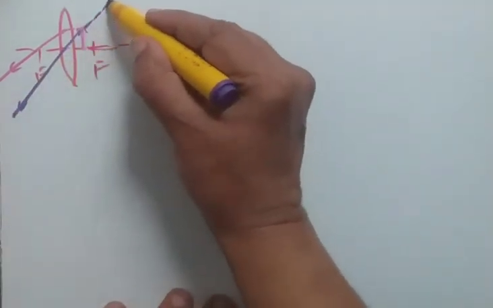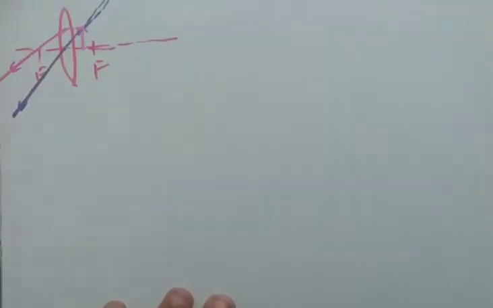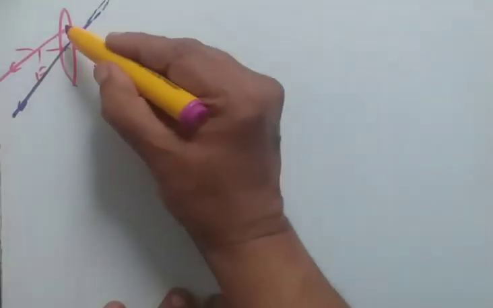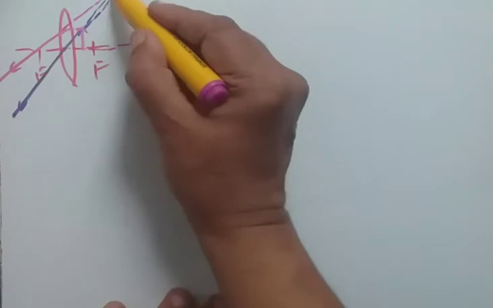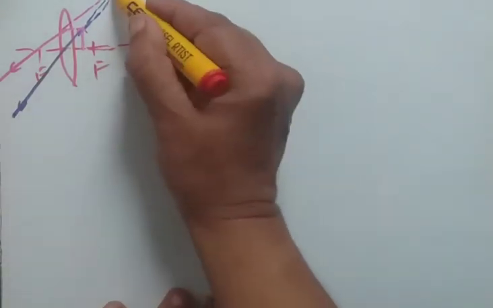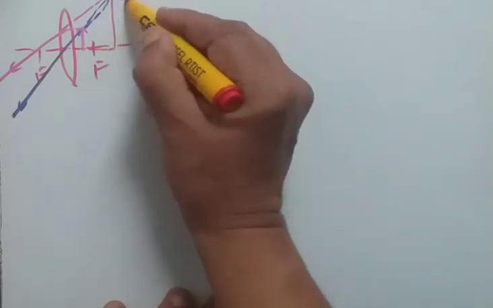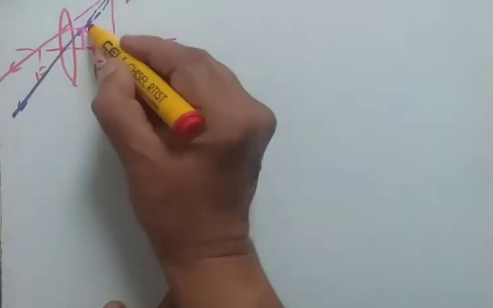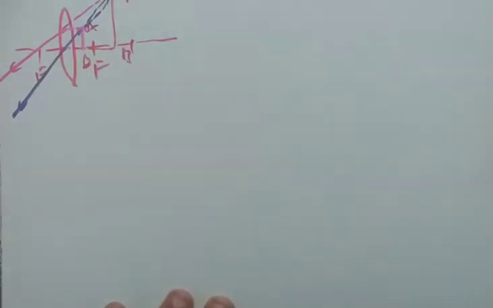Where they meet, at this point the image is formed. We draw the image now. Say this is A dash B dash, the image. This is the ray diagram for the simple microscope. And now we want to derive the expression for the magnifying power of this.